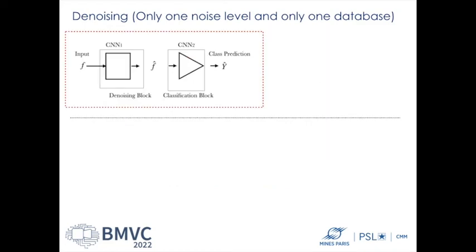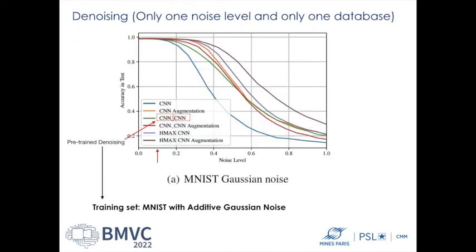Another way to improve the performance is to add a CNN before the classification to perform the denoising. This one, trained only on MNIST, is presented in the green line. And if the classification network is trained with augmentation, we have the red one.